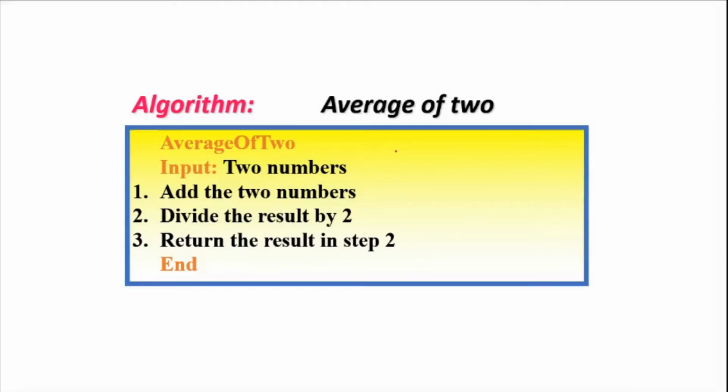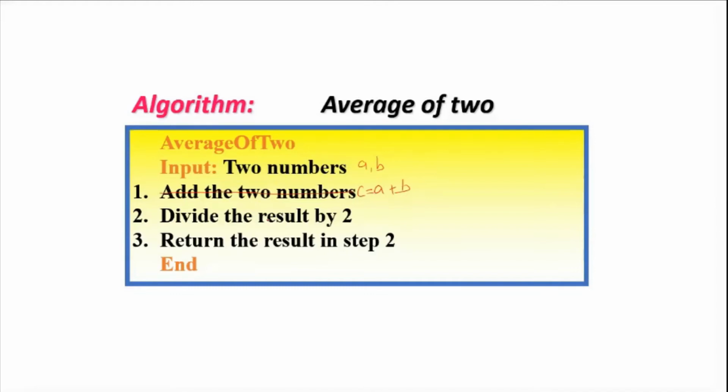So if we write the pseudocode for this, the first step will be input two numbers, say A and B. Input two numbers A and B. Now this add the two numbers can be replaced with A plus B. C equal to A plus B. So this can be written.